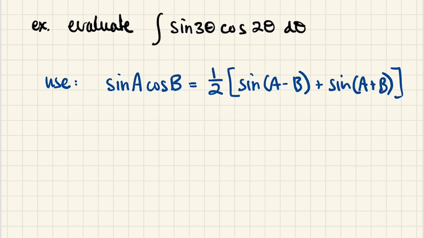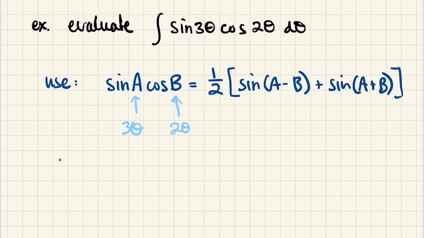It's not even one that I have memorized because I use it so infrequently. If I were to put a problem on a quiz or an exam that required that identity, I would say right in the problem, use this identity right here, and I'd give you the identity. Okay? So, all right, well, how do we use it? Well, I think it's clear that here in this example, our A is 3 theta, and our B is 2 theta.